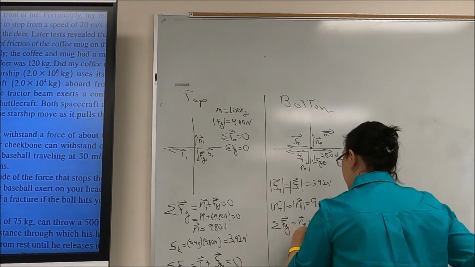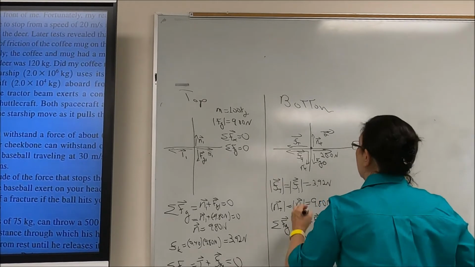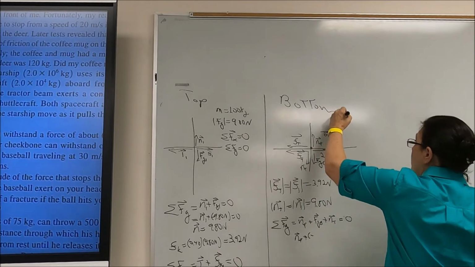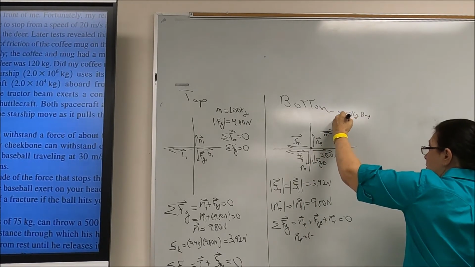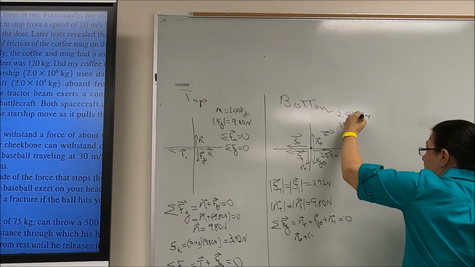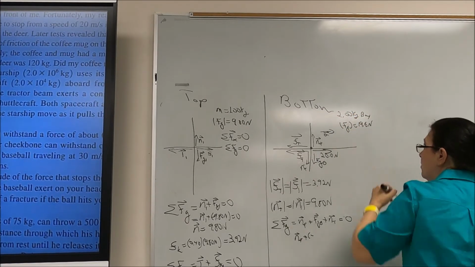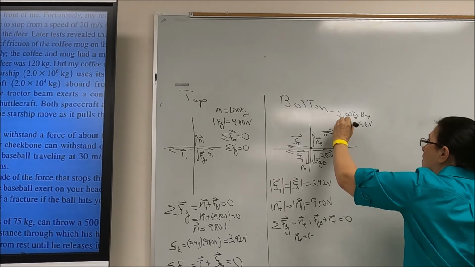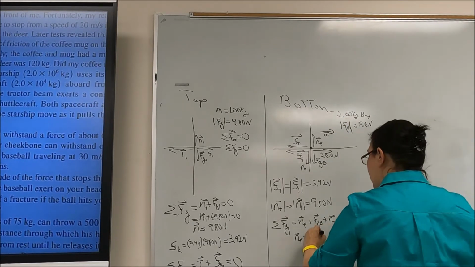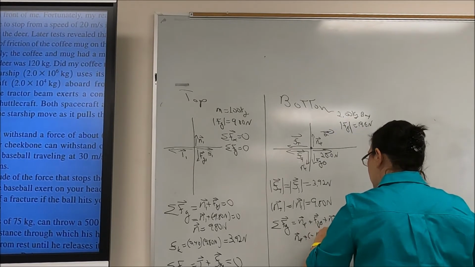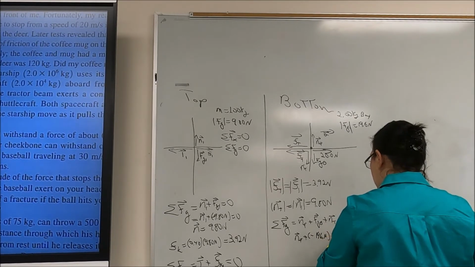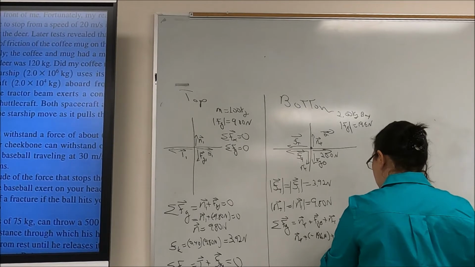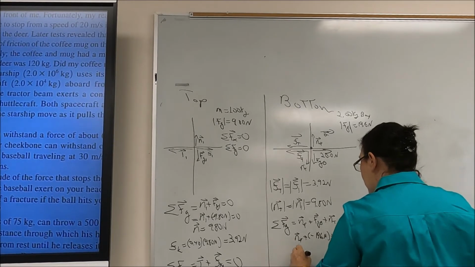So the normal force of the floor plus, and I see this was a 2 kilogram box. So the force due to gravity on this is 19.6 newtons. So minus 19.6 newtons plus a minus 9.80 newtons has to be 0.